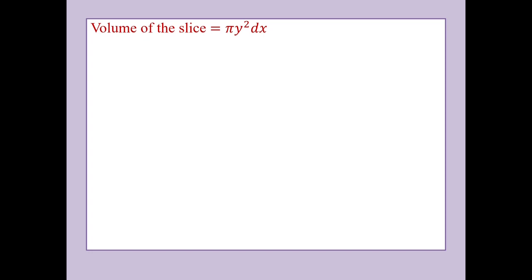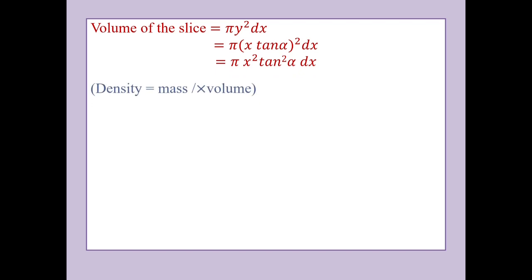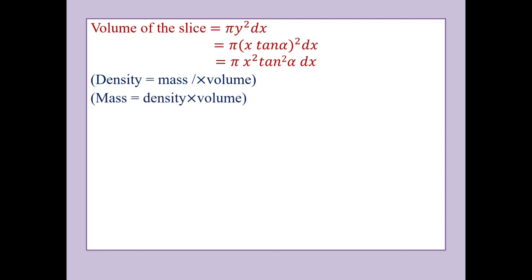The radius for the disk is y, so it's pi y square. Its thickness is dx. Just now we found the value for y, that is y is equal to x tan alpha. We have substituted and simplifying we get pi x square tan square alpha dx.